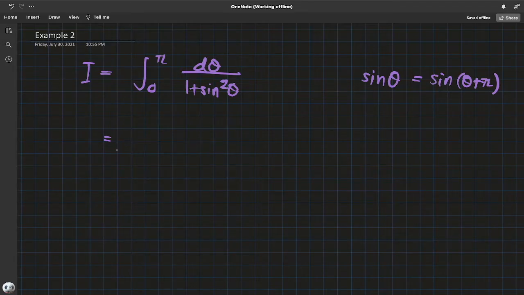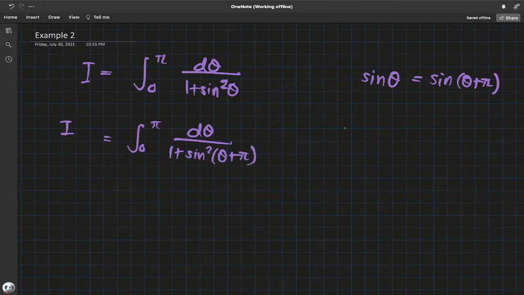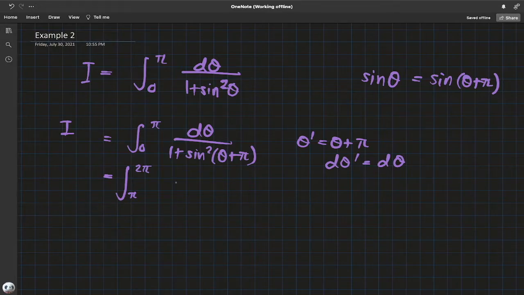But with this, you can have the same thing: 1 plus sine squared of theta plus pi. Now let's use a substitution. Theta prime is theta plus pi, so d theta prime is d theta. The upper and lower bounds, however, become pi and 2 pi. And we have 1 plus sine squared theta prime.